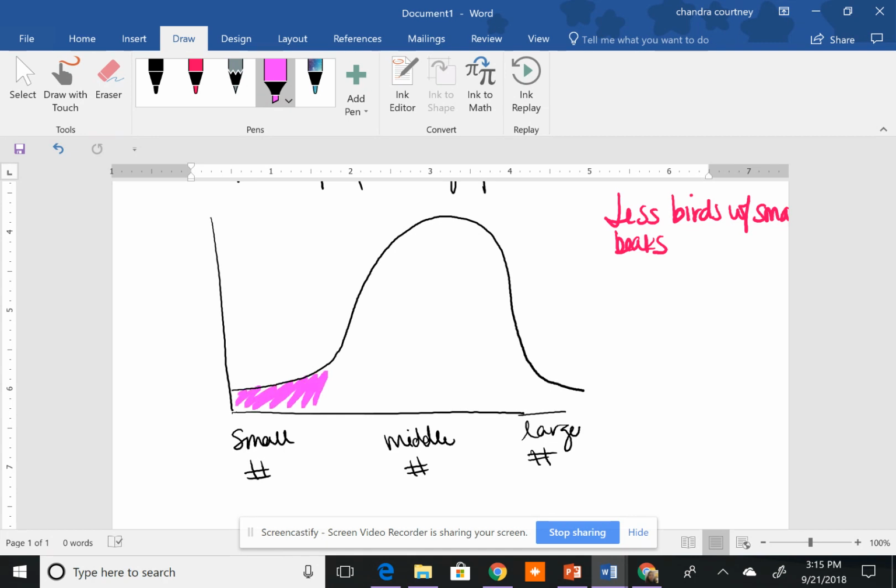So think of it as I'm now going to shift my normal. I'm going to shift the direction in which my graph is built. Now, as far as I know, nothing's happened to the plants that make large seeds. So I probably still have some medium-sized birds and some large-beaked birds. So it means that my distribution is going to shift that way. When we draw it in, we would draw it like this.